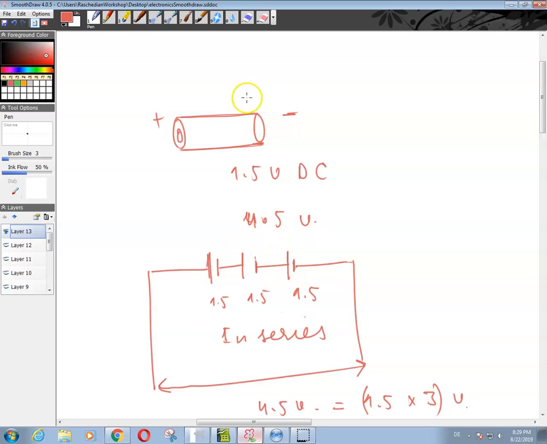Now the problem with the battery is that you cannot control the voltage of a battery or the current that is coming out of it, or the current that it can send through your circuit.